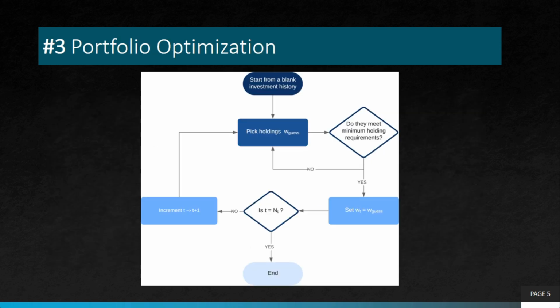The third one in our list is portfolio optimization. When I say portfolio, I mean stock market portfolio optimization. If you see, there are a lot of steps, right? You start with a blank investment history, then you pick holdings, you make guesses, like, with this, do I have to take it in or not. Based upon your requirements, if it is meeting, then you start buying it, and if not, you go back and check for other stocks.